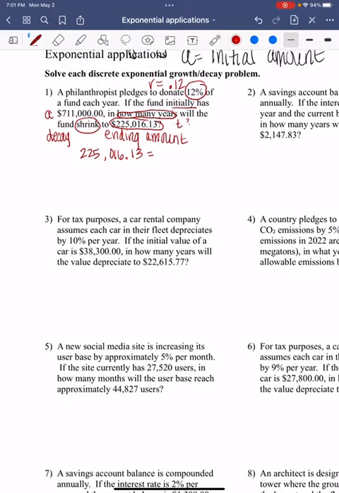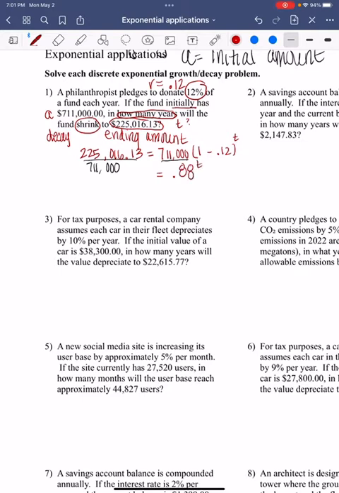That's going to equal A, which is $711,000, times 1 minus R, which is 0.12, to the T. All right, so the first thing I need to do is divide both sides by 711,000, hence why you need your calculator. And then 1 minus 0.12, I believe, is 0.88.